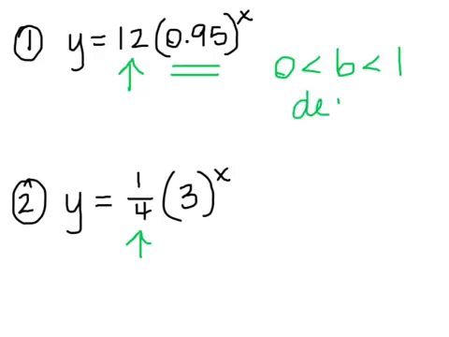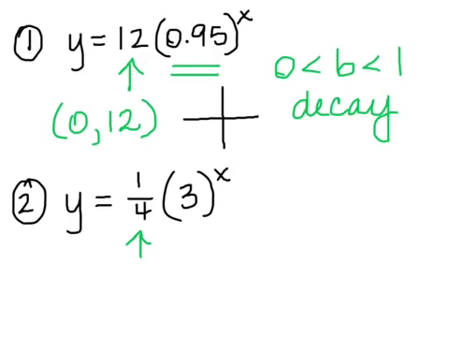Therefore, this must be exponential decay. The place where it crosses the y-axis will be (0, 12), because it's always (0, a). So if you can just visualize a quick sketch of this graph, it's going through the y-axis up at (0, 12), and it's decaying, so it's going to be dropping really fast and then tapering off.